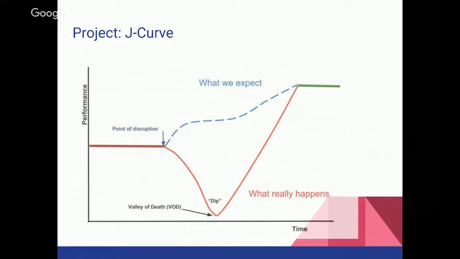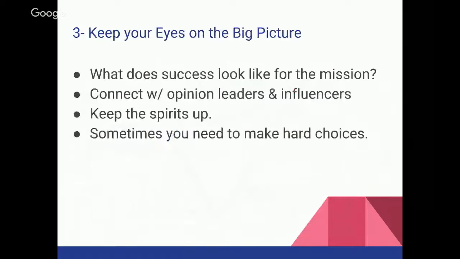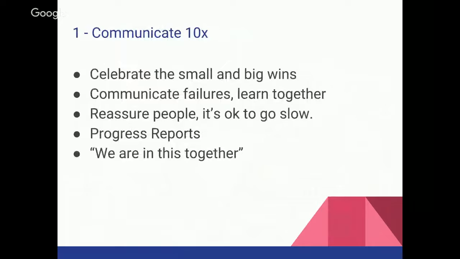Now that we talked through the human nature of going through the change and the J-curve, let's talk about the three strategies on how this plays together in your organization. I mentioned them in the introduction module of the course, so I'm just going to read the headlines.